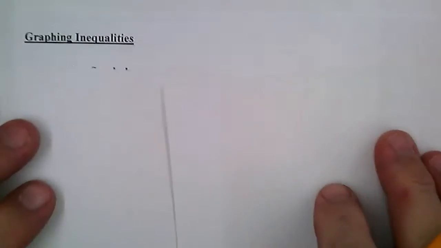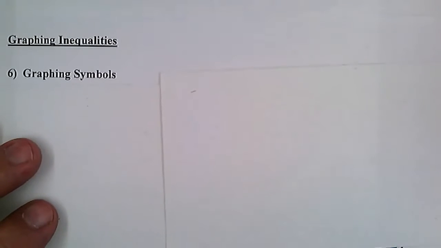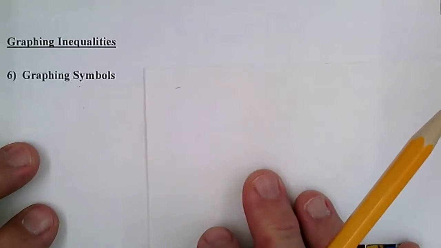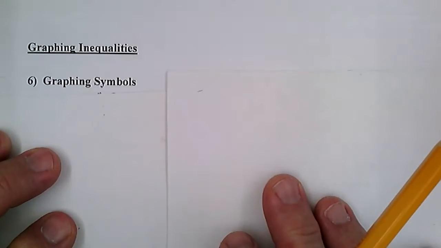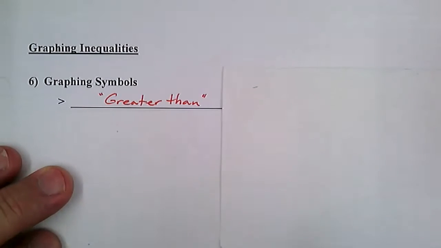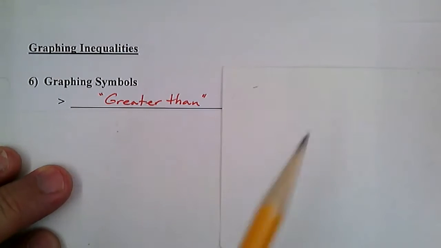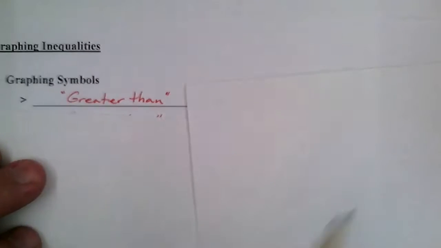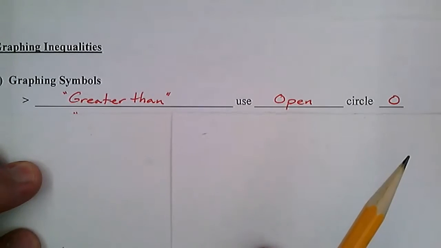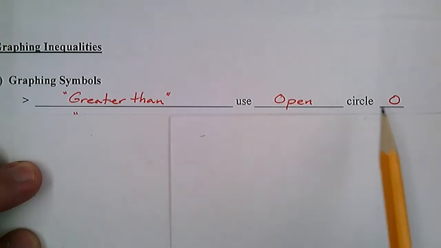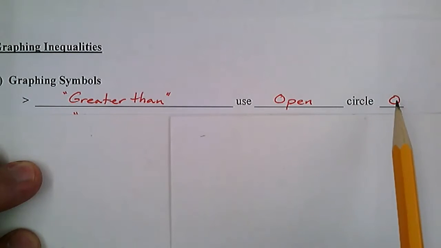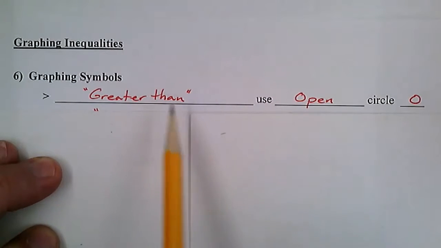So let's start off with talking about our graphing symbols. If we have a greater than, when we go to graph a greater than, we want to use an open circle. So we're going to use an open circle for greater thans.